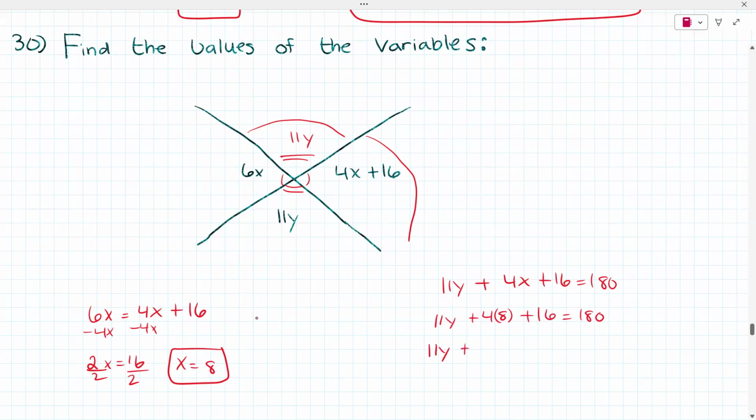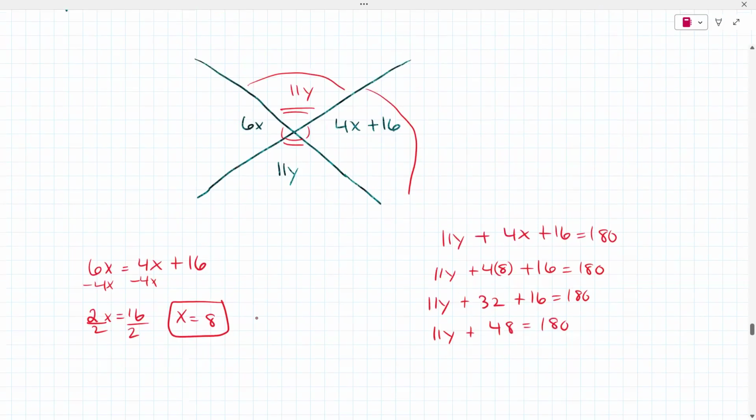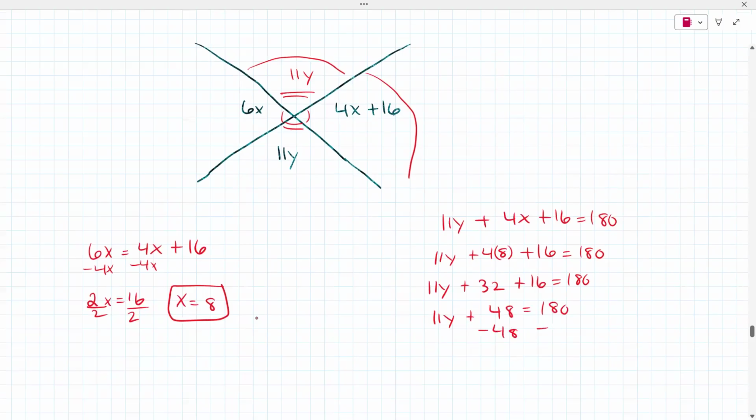So 4 times 8 is 32, plus 16 is 48. Subtract 48 from both sides. We get 11y equals 180 minus 48, which is 132. Divide this by 11.